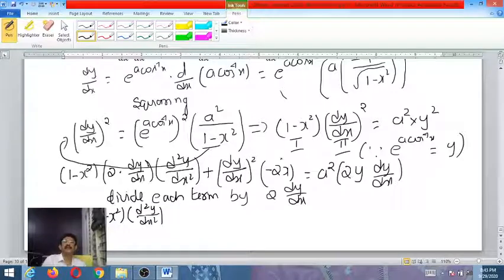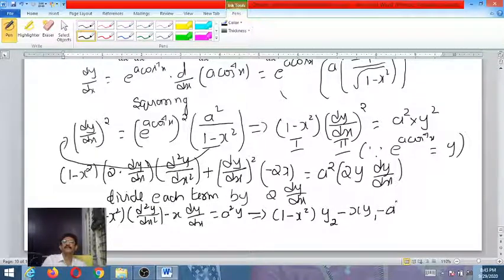Here 2 gets cancelled, one dy by dx cancels, leaving minus x into dy by dx, equals 2 cancels, dy by dx cancels, equals a square y. So this clearly implies 1 minus x square into y2 minus x into y1. If you transfer this to the left side, minus a square y equals 0. So this is the answer. Remember it.